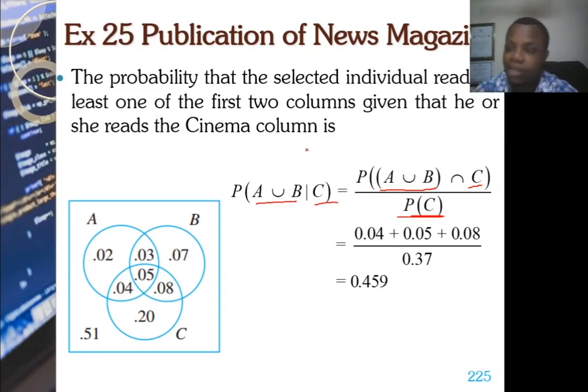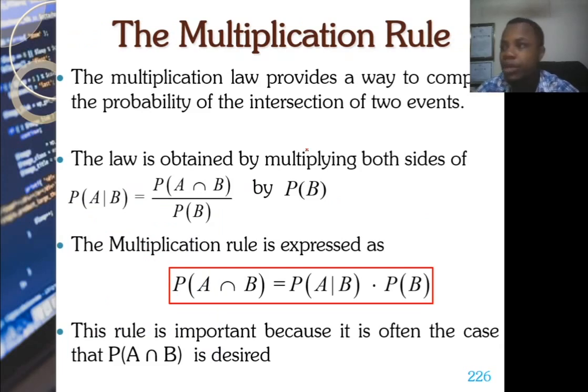Now, with this said and done, let's move on to another interesting feature called the multiplication rule in probability. Now, this multiplication rule or law provides a way to compute the probability of the intersection between two events.